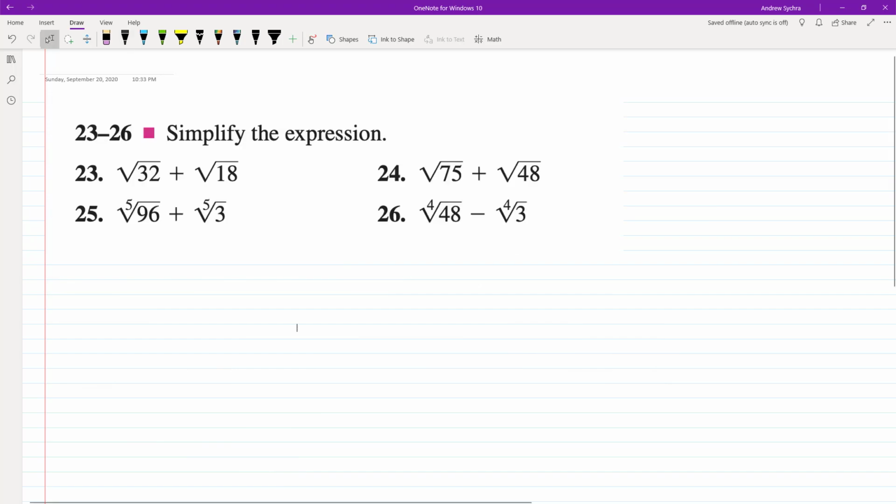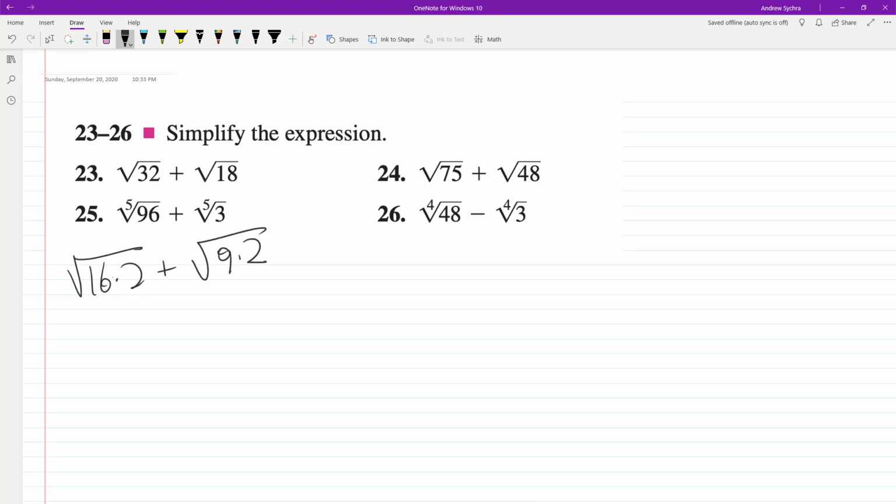Let's simplify the expressions here. So we've got square root of 32. So do that. We can break this down to 16 times 2 plus 9 times 2. So we get 4 root 2 plus 3 root 2, which is equal to 7 root 2. We can combine these because they have the same radical form.